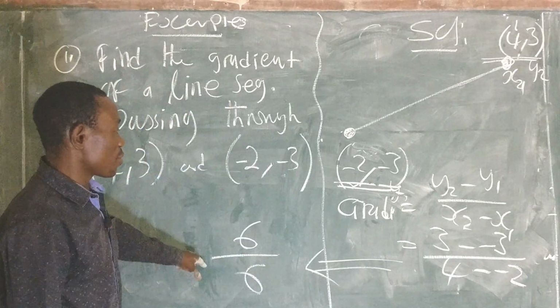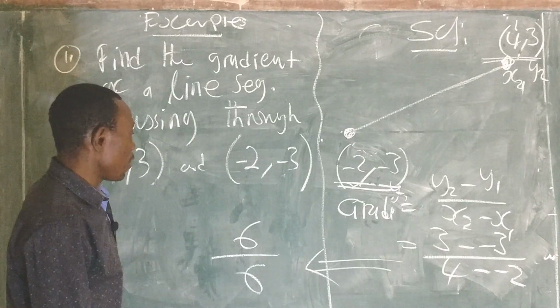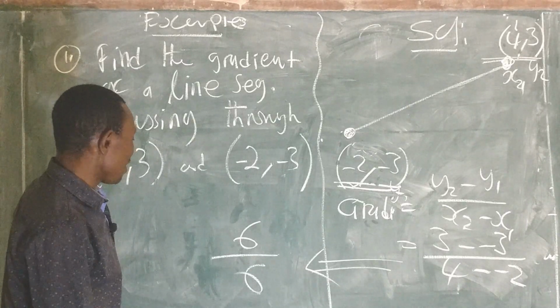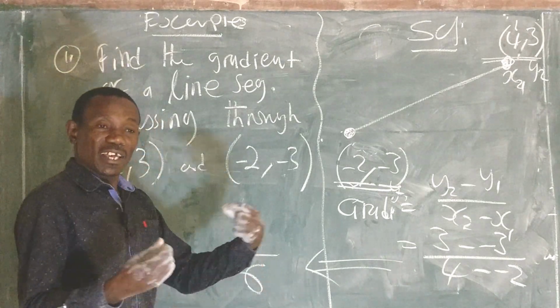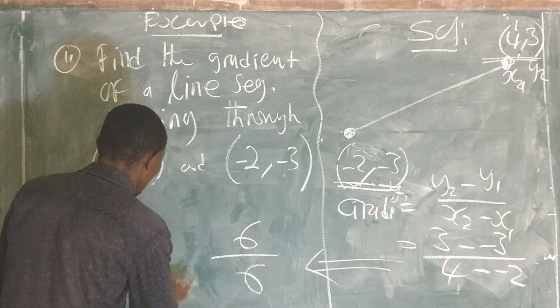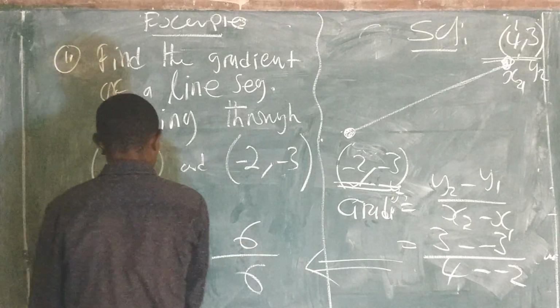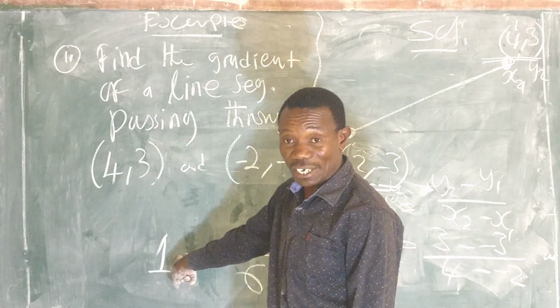So it's just like 6 to 6. If you talk of the gradient in this case, it's just 1. You are free to divide this one into that one, and that ratio can be expressed by a single value. So 6 into 6 is equal to 1. You can use that single value to describe the gradient. So the gradient here is 1.